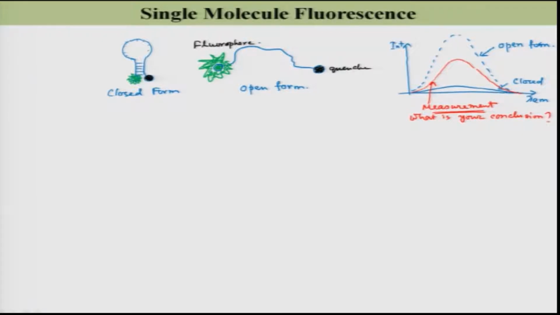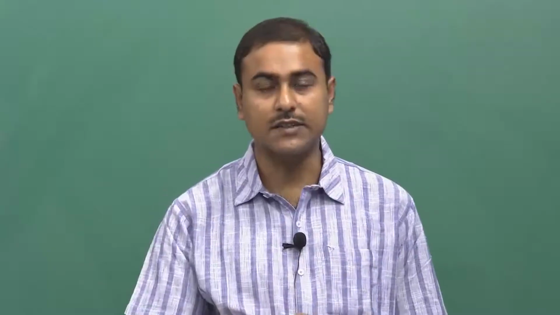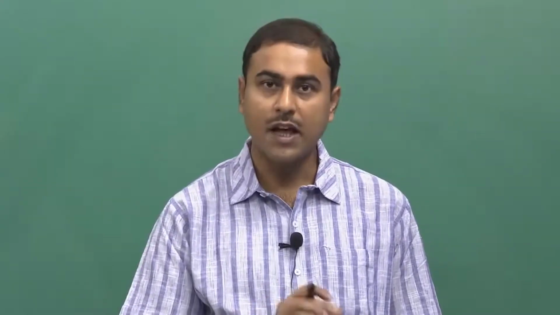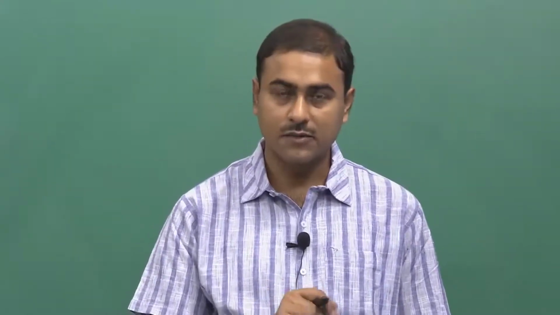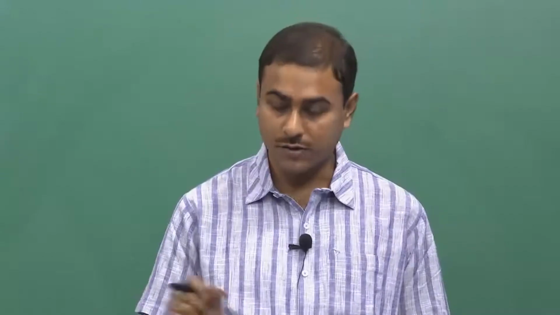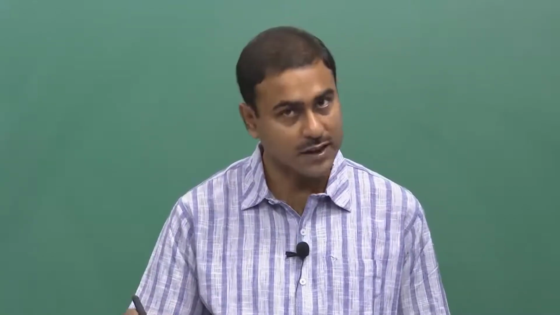Number 1, you can conclude that 50% of this particular molecule is present in the closed form and 50% of this molecule is present in the open form, and as a result 50% will show the low intensity, 50% will show the high intensity, and altogether it is showing the moderately intense fluorescence.